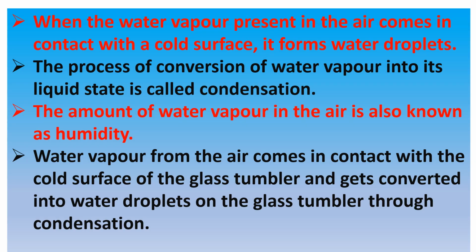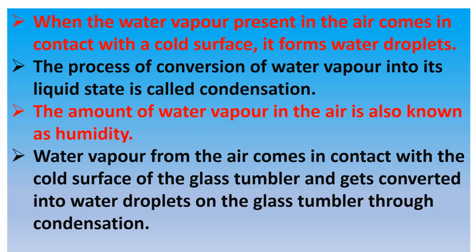When the water vapor present in the air comes in contact with a cold surface, it forms water droplets. For example, if you are doing steam, when steam is put to a hold, the air comes in contact with the cold surface and it forms water droplets.